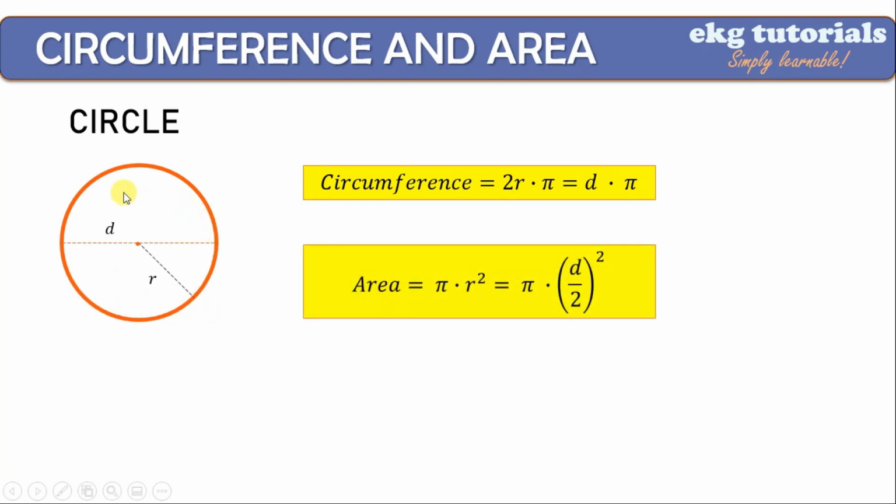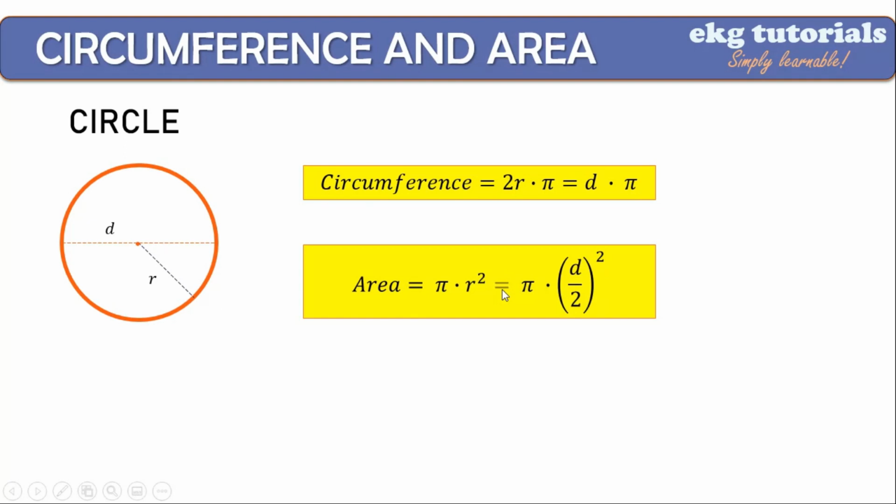Now, for the area of this circle is actually equal to pi times radius squared. Na nalaman natin kanina na dalawang radius is diameter. Meaning pala, pag kinuha ko yung kalahati ng diameter, so I will have also the radius.